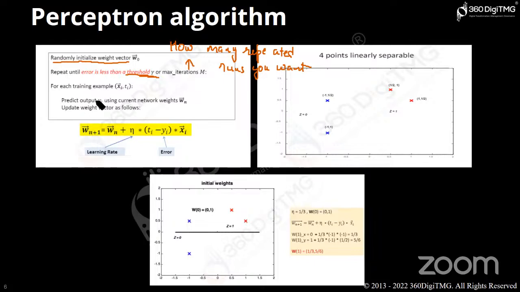So now we are trying to update the weights here. Okay, we are trying to update the weights here. So this is the formula for calculating the next weight. Okay, so you have W, it's a vector. Remember, always it's a vector.